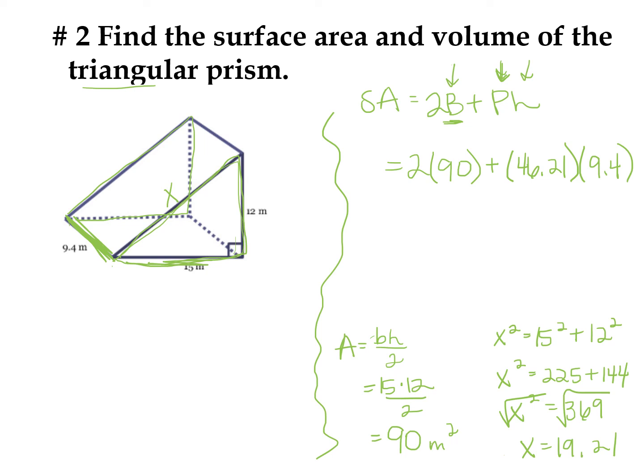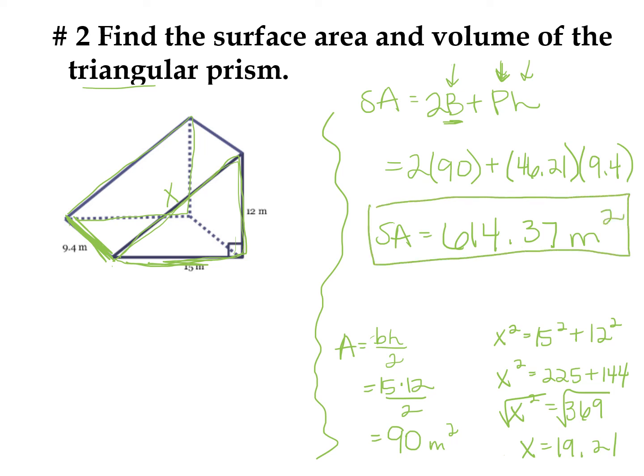So I type in 2, left parenthesis 90, right parenthesis plus left parenthesis 46.21, right parenthesis left parenthesis 9.4, close my parenthesis, and it looks like I get a surface area of 614.37 meters squared. Okay, so again, the bottom part here is just some scratch work I did in the middle of my problem to help me plug in all of these unknown variables here.